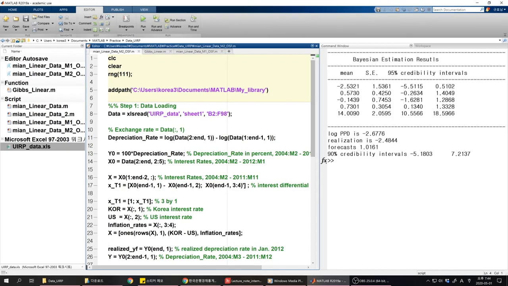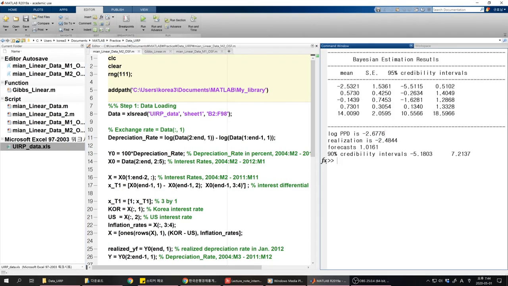Yeah, it's worse again. So still this is negative and positive, right? Then credible intervals have both negative and positive values. But in this case, now the impact of U.S. inflation rates seems to be positive, right?